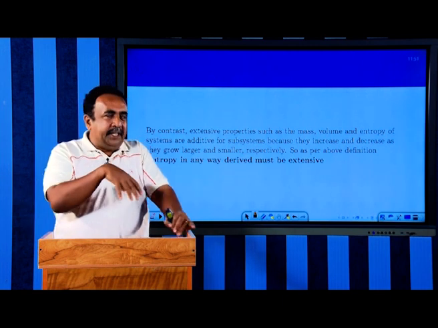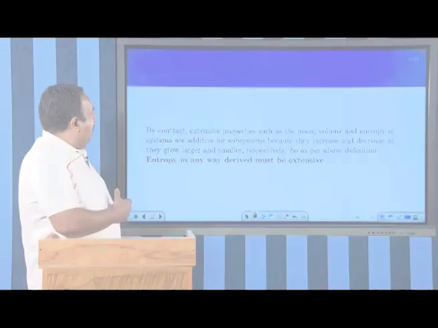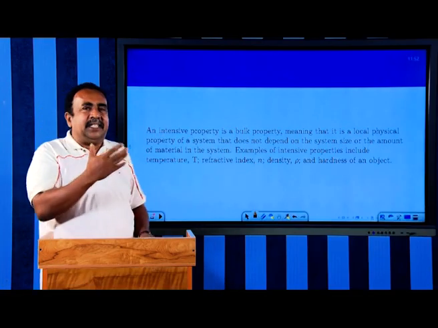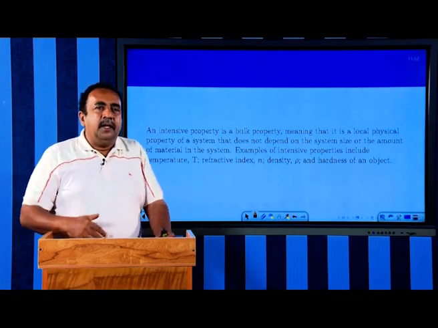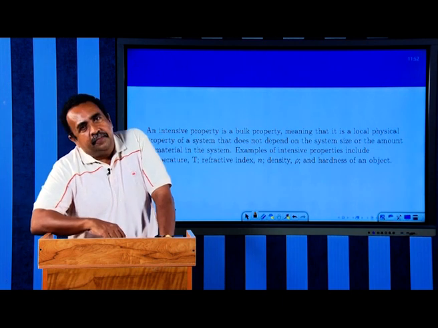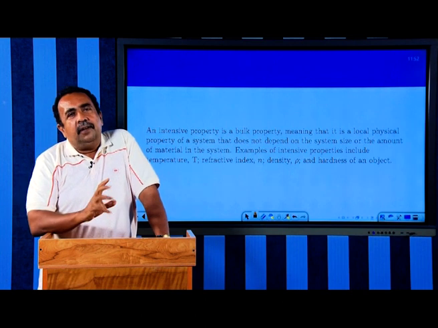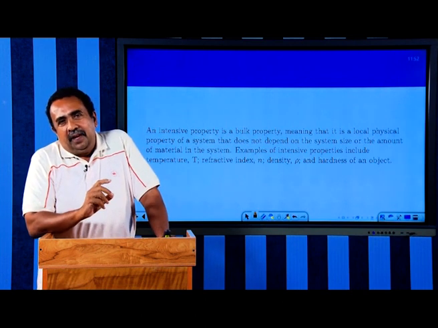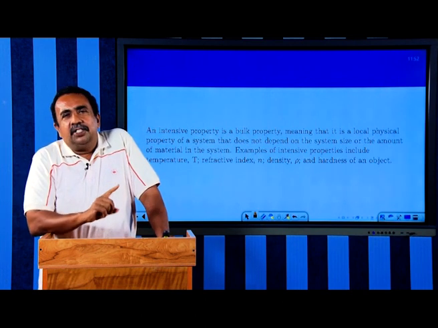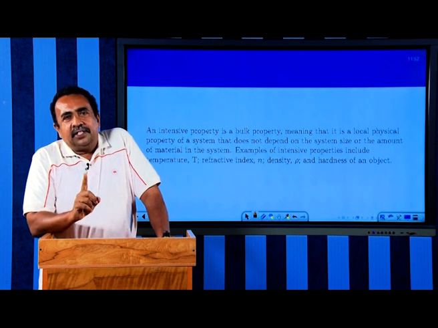Those physical quantities that do not depend upon the size or the volume, you call an intensive parameter, and those that depend on the size or volume of the system, you call an extensive parameter. Therefore, temperature is an intensive parameter, energy is an extensive parameter.